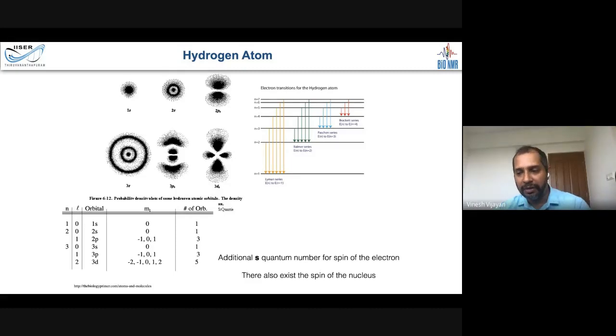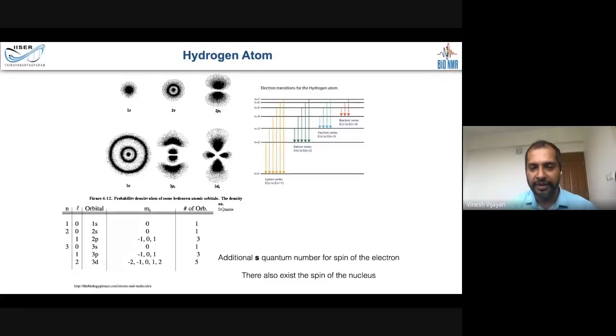You remember that. But when you put this in a magnetic field or even an electric field, this degeneracy, these states having the same energy levels, they are lifted. That means if you have an electron in your p orbitals, their energies, depending on your ML values, will be different. So these 3 p orbitals will not have the same energy.